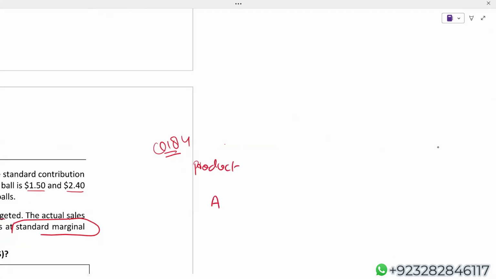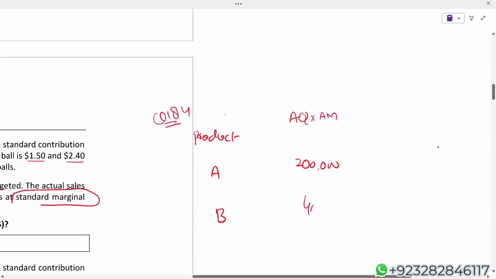Products we have, let's say A and B. We'll take actual quantity into actual mix. Straightforward, they've given us type A 2 lakhs, so obviously B is 40,000. Total 2 lakh 40.